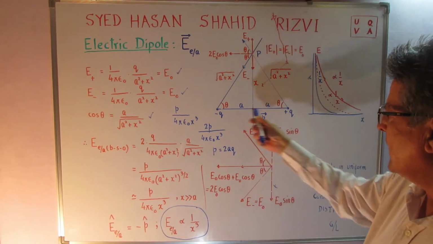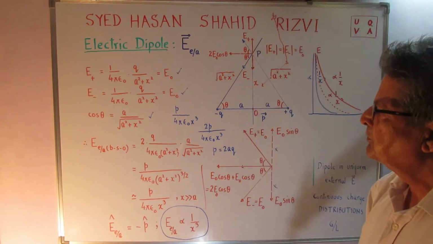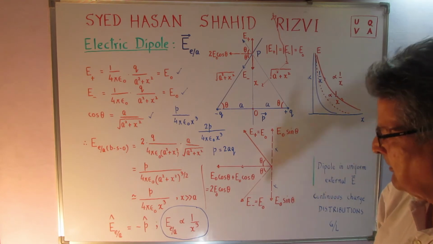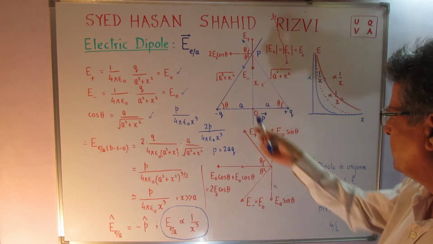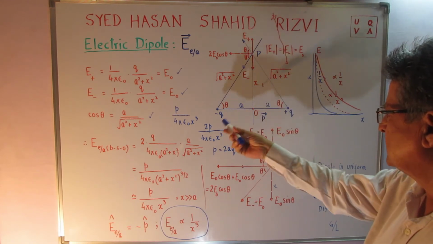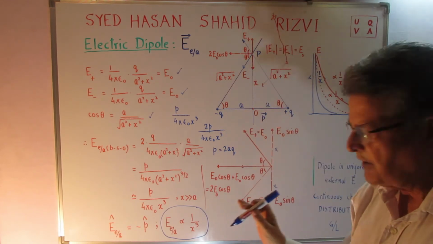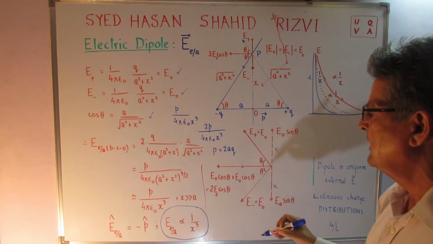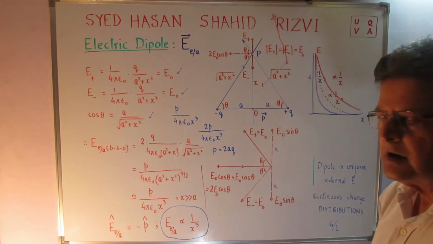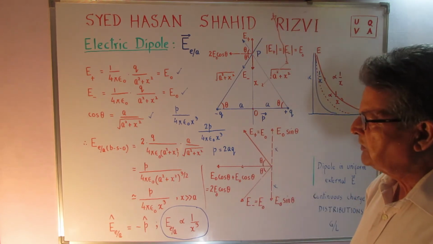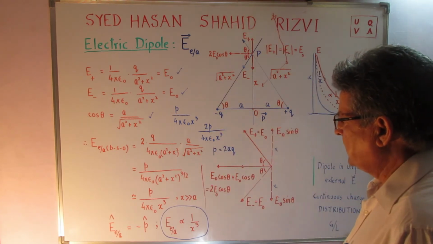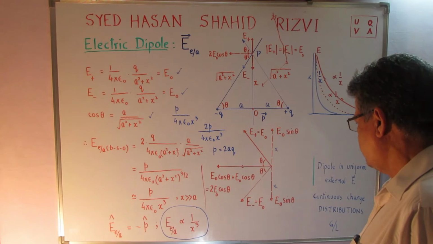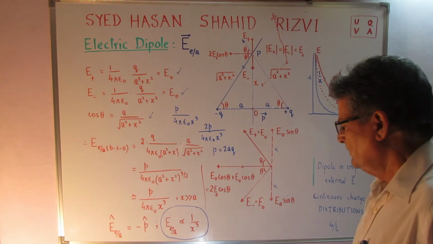I also did this kind of thing for you a couple of lectures before, when I took positive and positive charge, and positive and negative charge. So it has been nothing but a repeat performance, but because it is important, I elaborated on it and did it again for you.